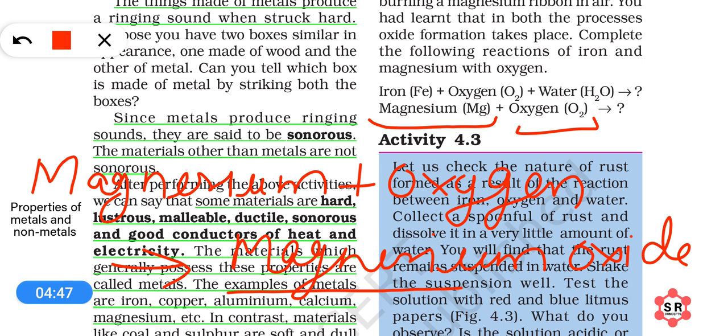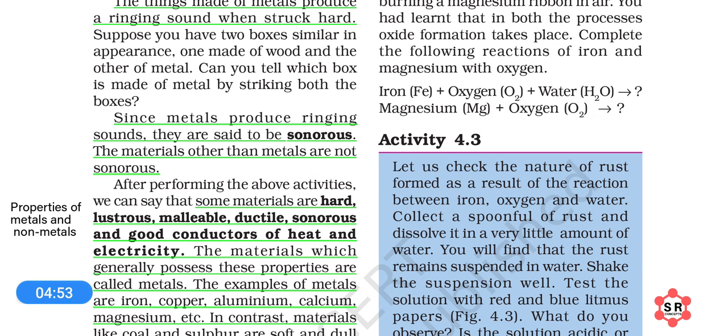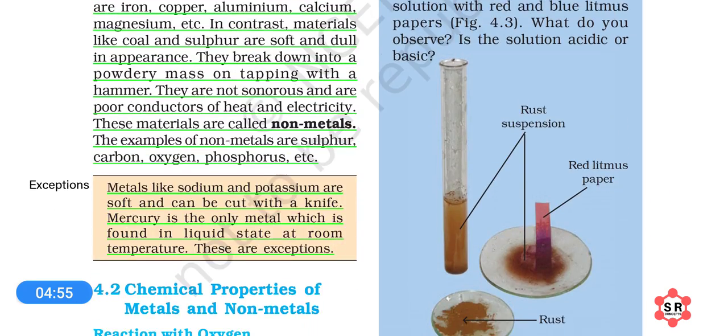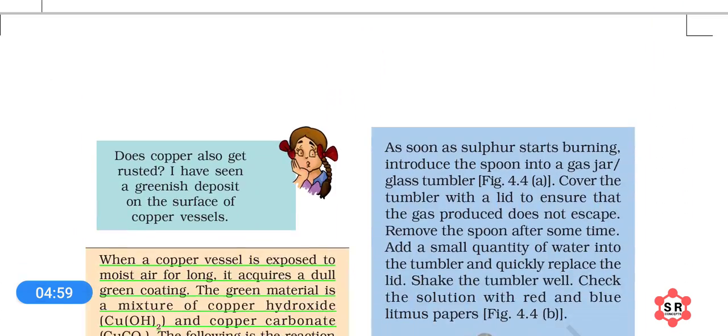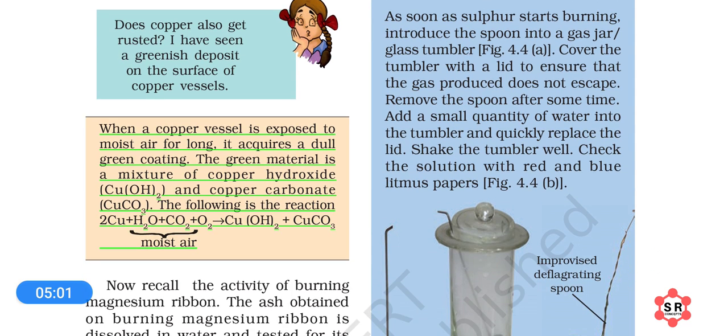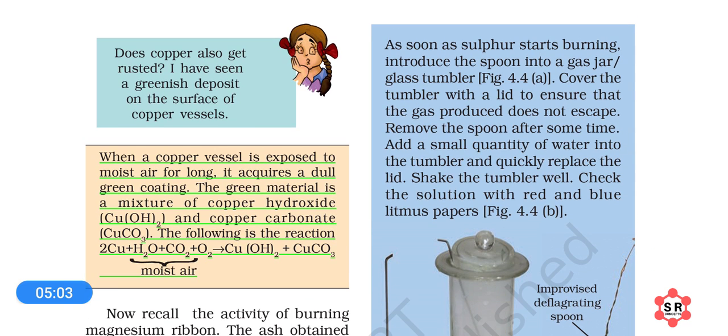Again, magnesium oxide is basic in nature. So again we can say that metal oxides are basic in nature. And how can we identify that they are basic? By putting a red litmus paper into it. If we put a red litmus paper, the red litmus will turn blue in color.